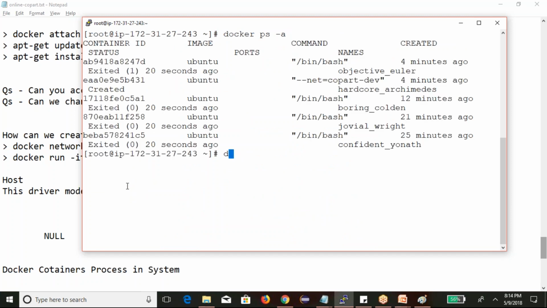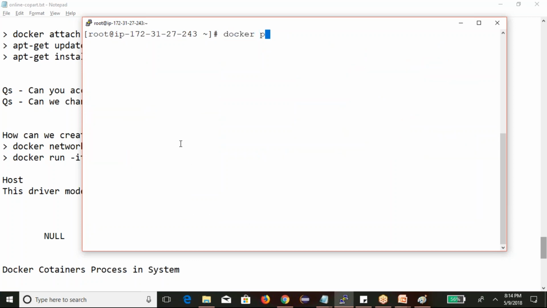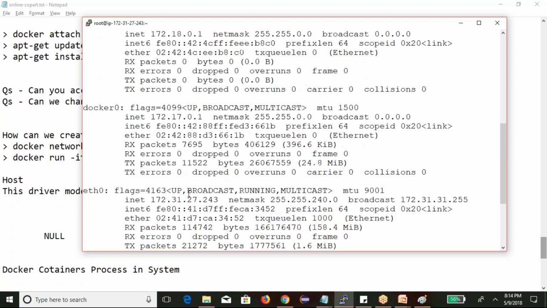So docker ps -a, you have to delete these. So rm, this one, this one, this one, this one. Now I do docker ps -a, and now ifconfig, look at this.